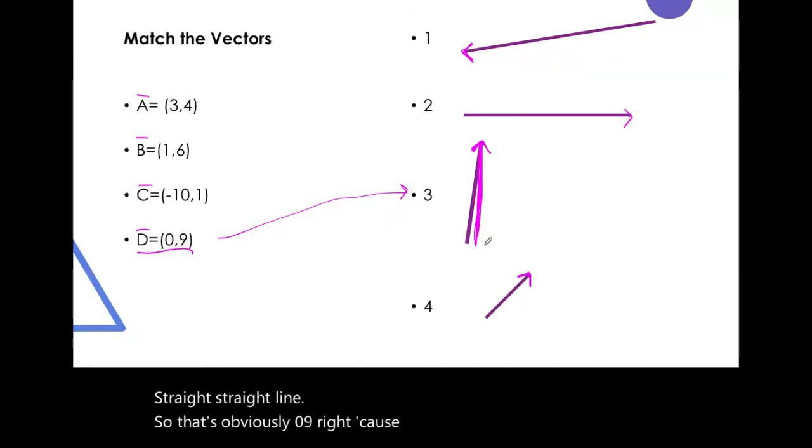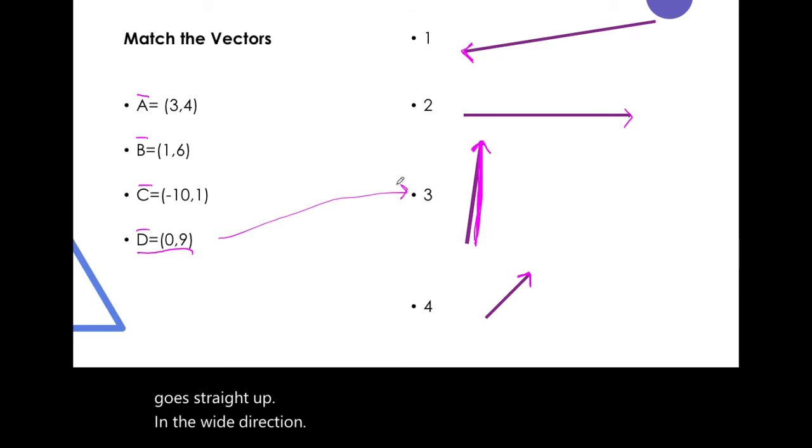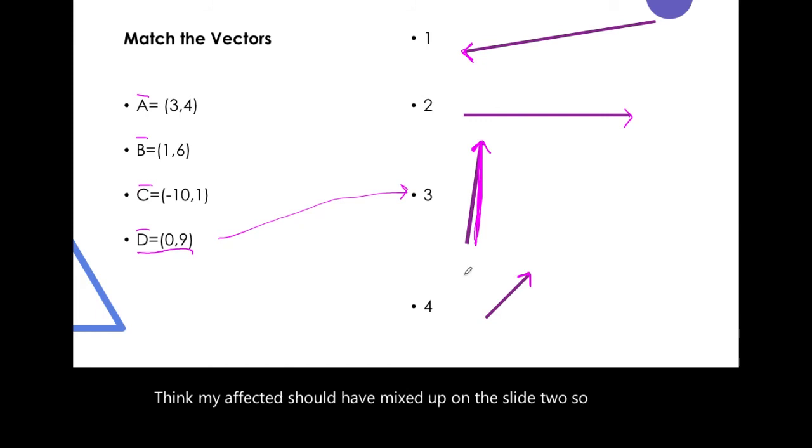Because it's 0 in the x direction and it goes straight up in the y direction. Okay, I think my vectors here got mixed up on the slide too. So let me answer the other ones.